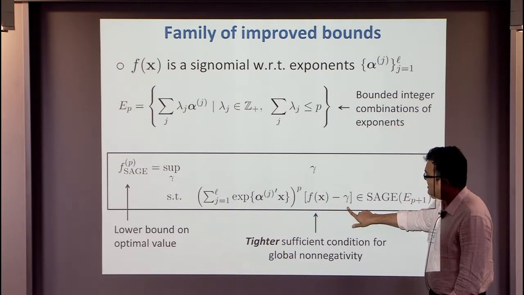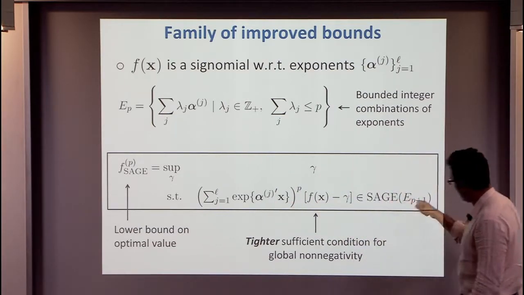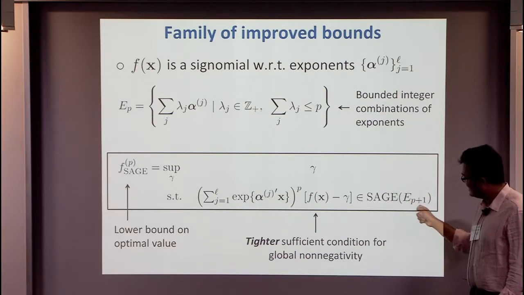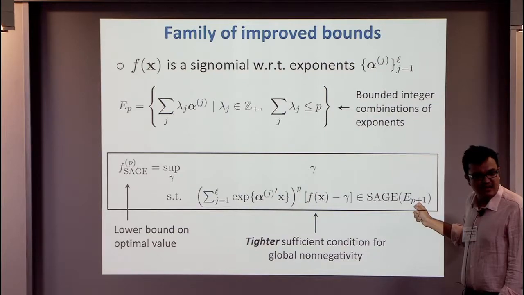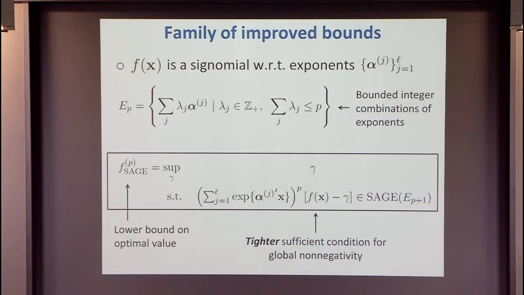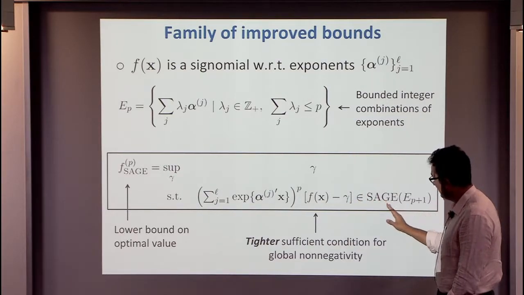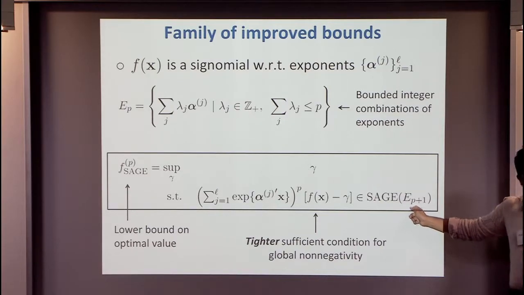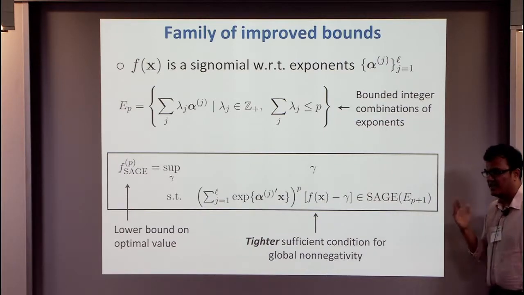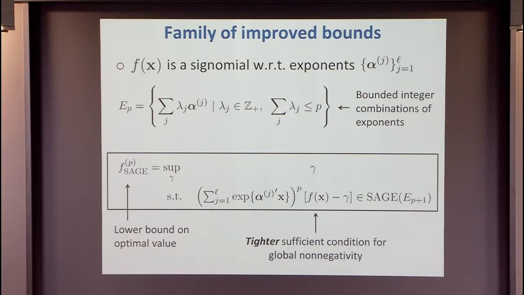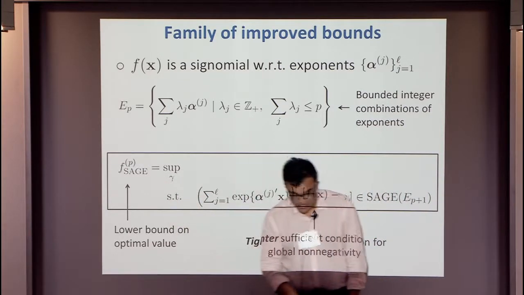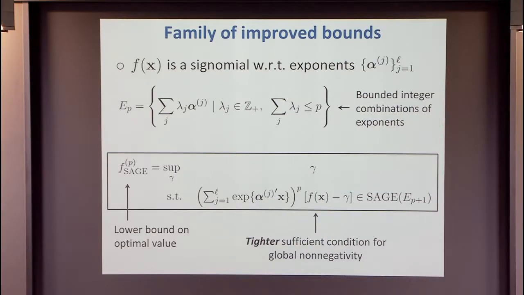The exponents here times the exponents here give rise to things that consist of p plus 1 possible combinations of all the exponents. And that's why we have this exponent set here. And this is a tighter sufficient condition for global non-negativity than what I had a few slides ago. Previously, we just had that f of x minus gamma is SAGE with respect to E1. And now we have that this thing, raised to the power of p, has to be SAGE in E p plus 1. You can show that this is a lower bound on the optimal value because this is a sufficient condition for non-negativity. You can show that this is non-decreasing with respect to p.